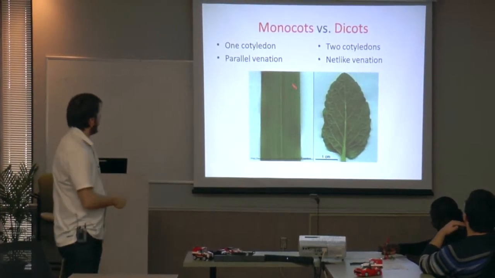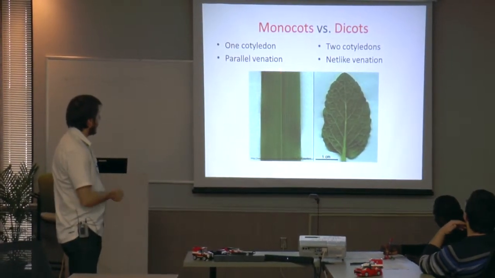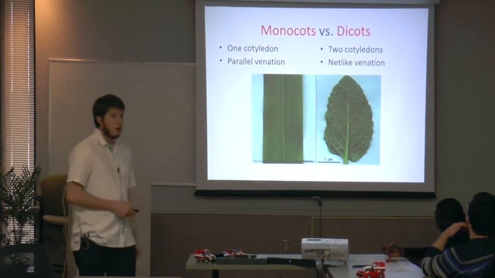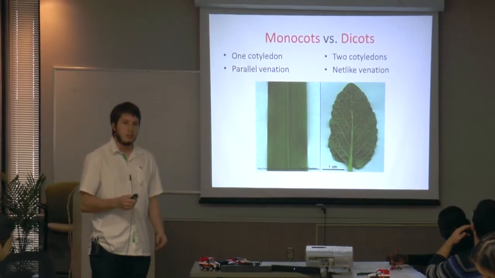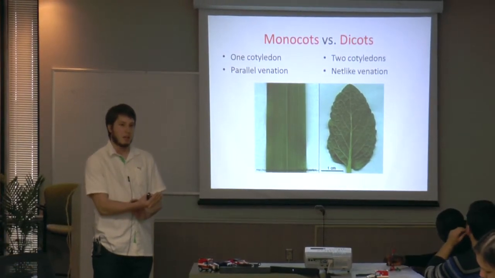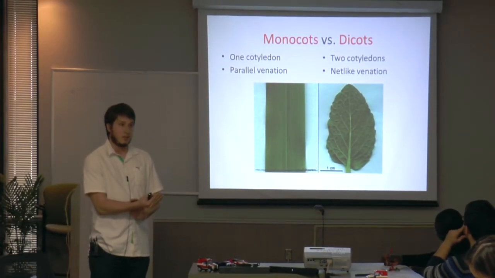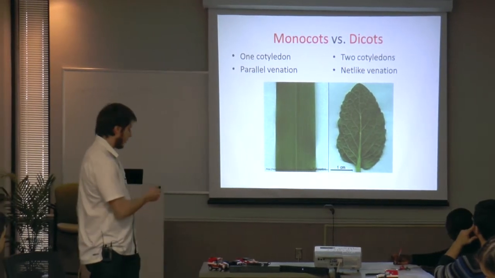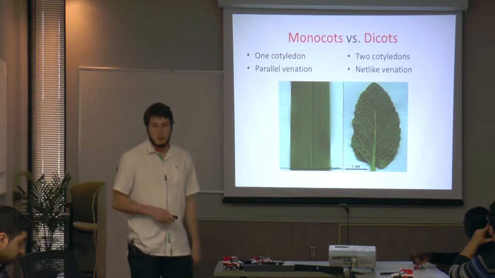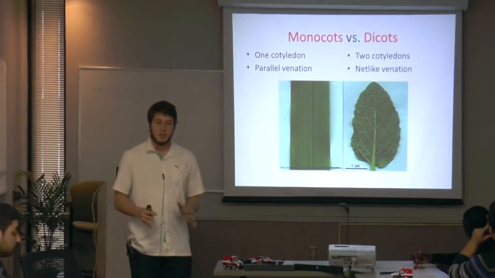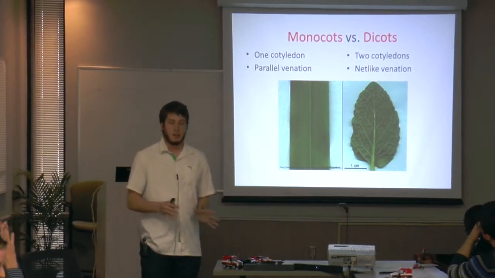So in the monocots, they have non-branching or parallel venation, just like a blade of grass. If you look at your lilies, they have leaves that look just like grass blades, and grass is, in fact, a monocot. Dicots, however, have this branching net-like venation, just like a maple leaf. So again, if you just see the leaves of the plant, you can often identify it as a monocot versus a dicot.